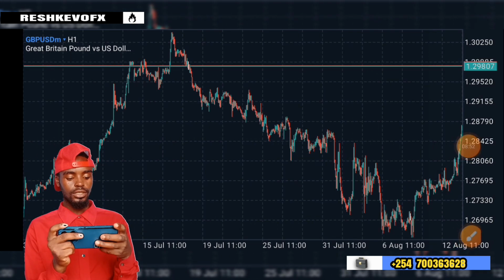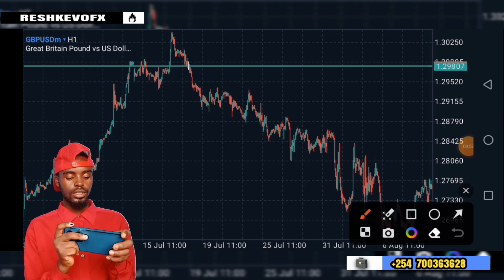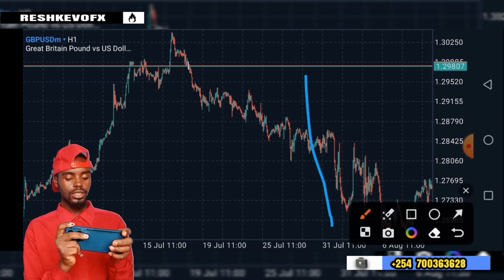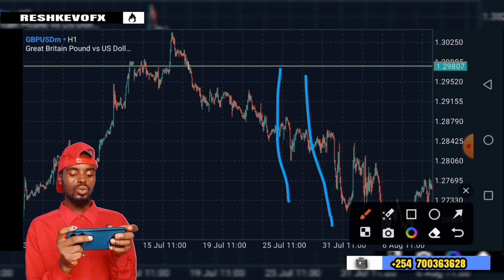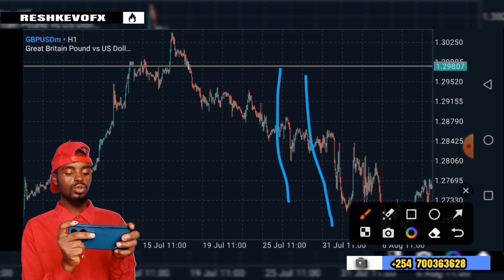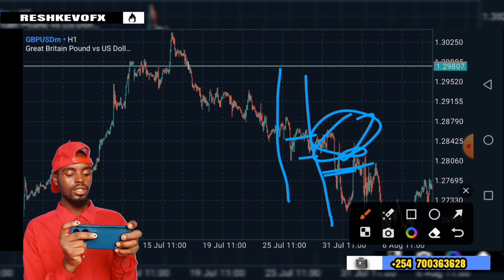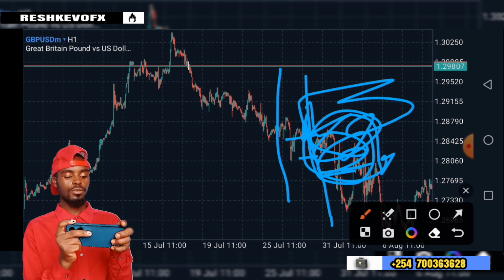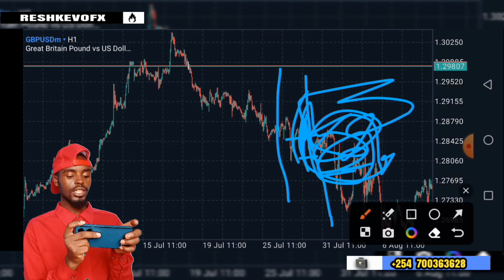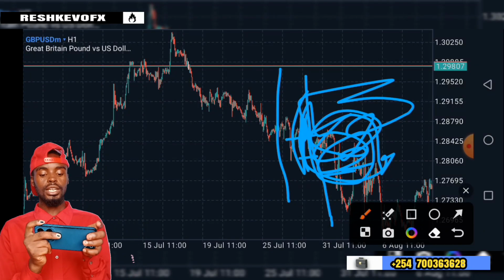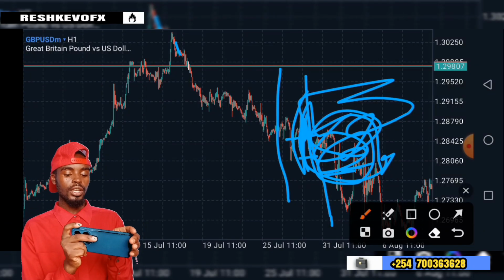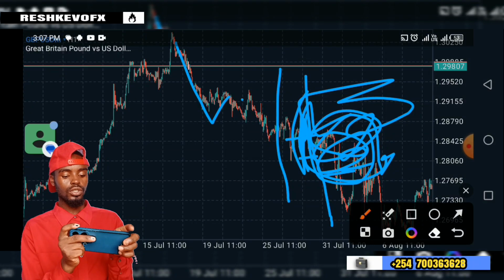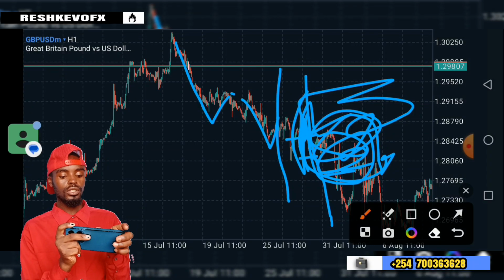Let's use this line here. Let's say you don't know what is going to happen in the future. You open your chart and you see it is a downtrend. You identify the downtrend. You will say there is a sort of correction and you are waiting for another correction.